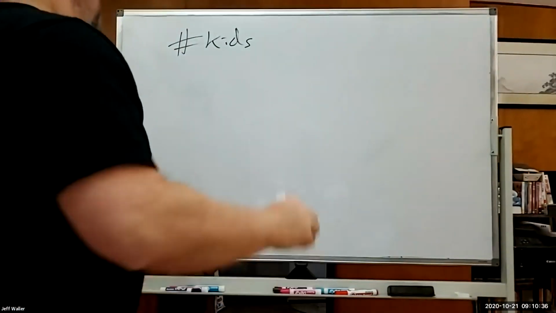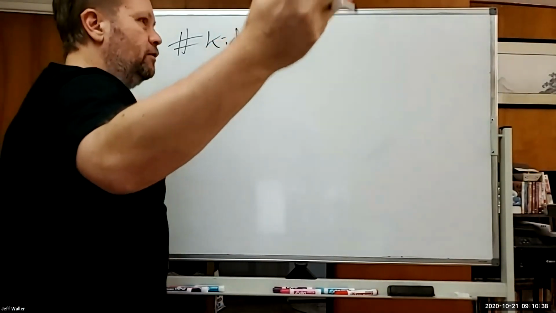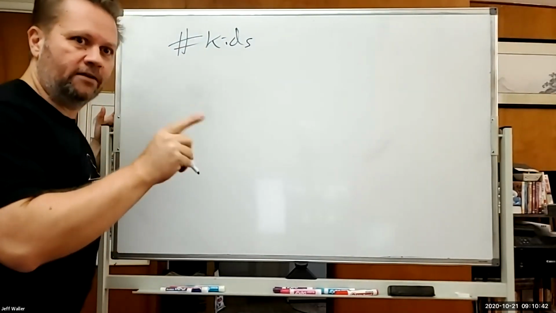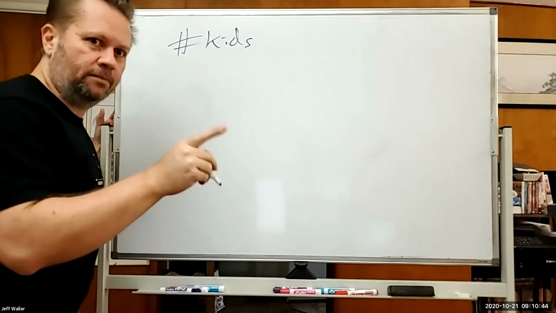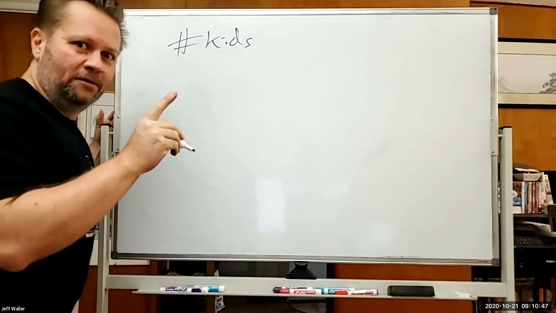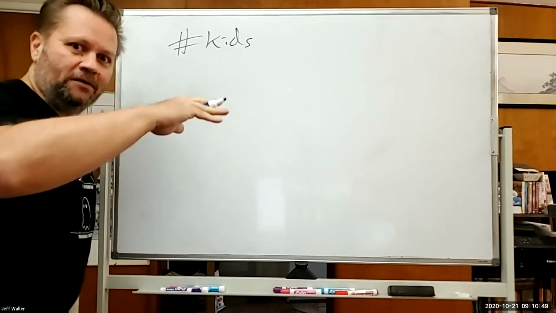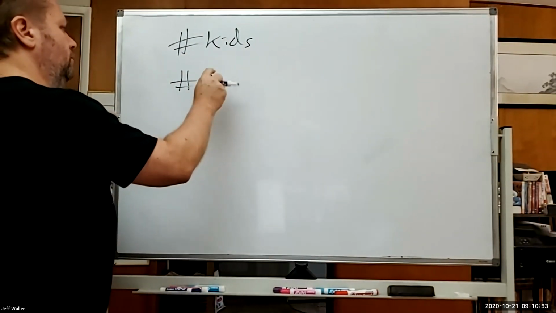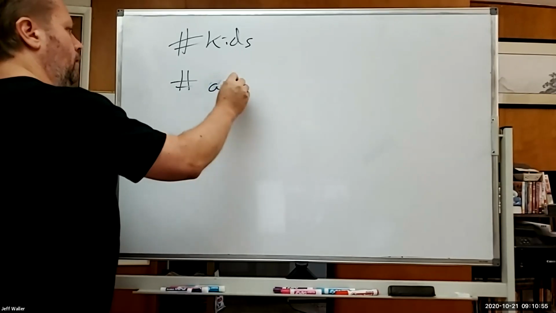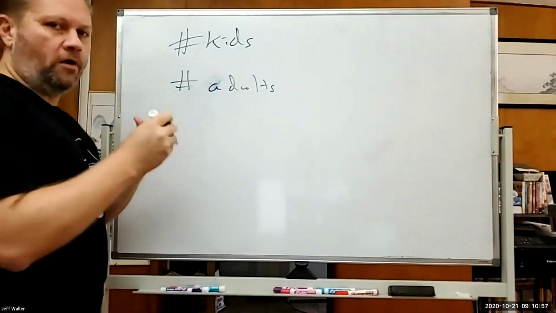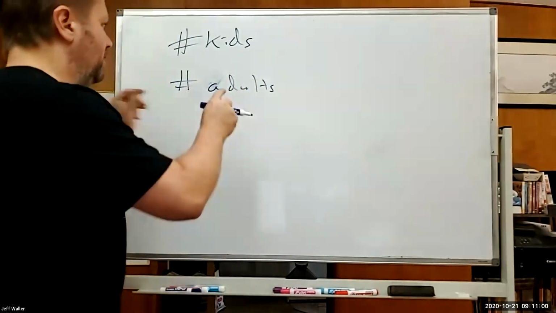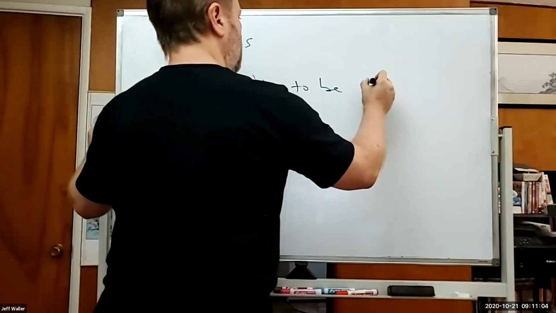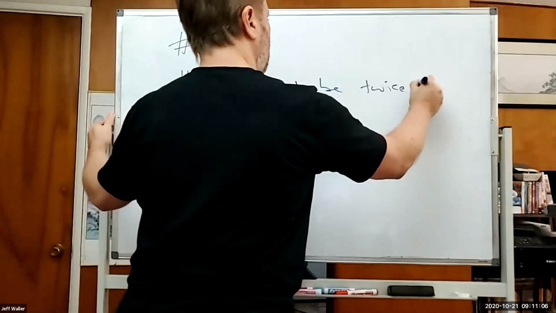So I'm going to have some number of kids. I don't even know how many. But I do understand the need to play some defense with some adults. I need some help, right? So I'm going to have a certain number of adults, and what I want is for the number of adults to be twice the number of kids.